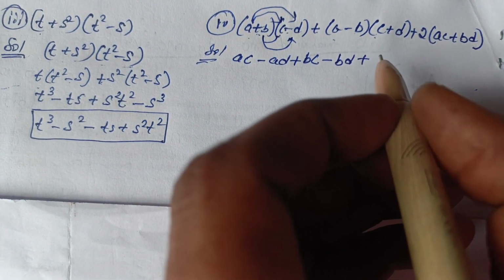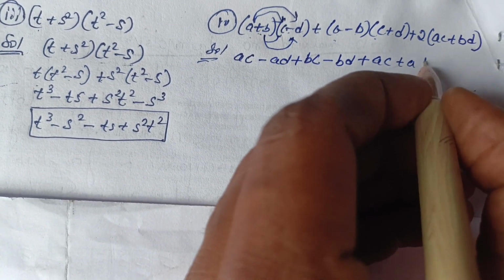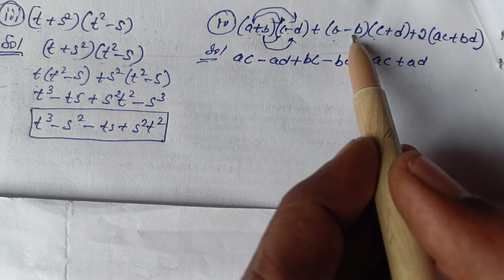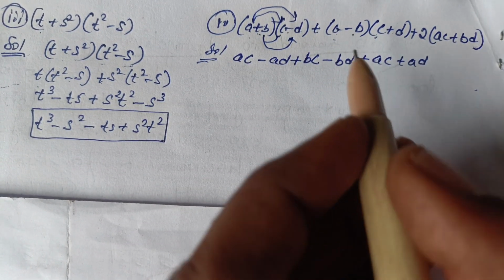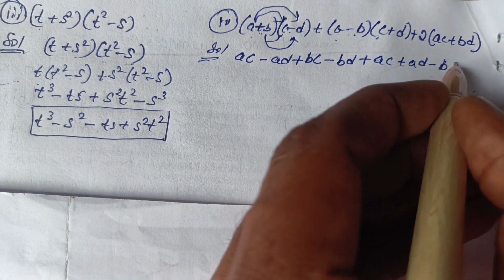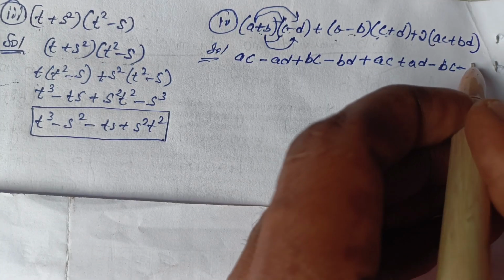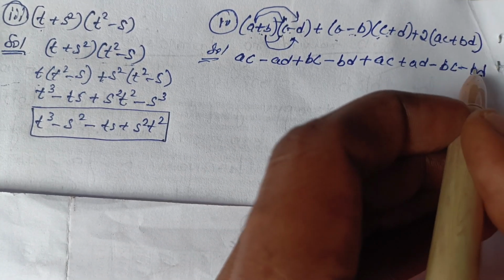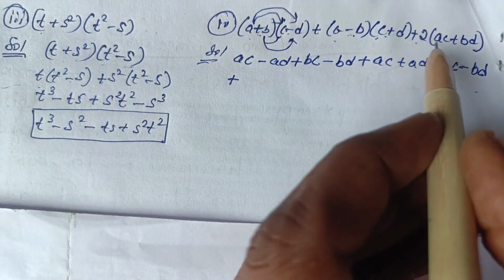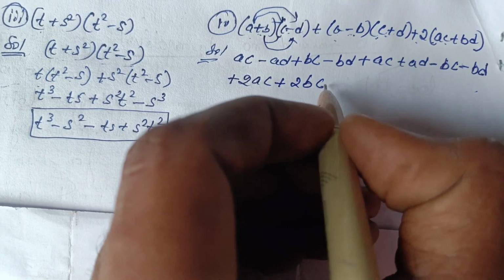Now a into c is ac, a into d is ad, minus, here it is minus, so minus into minus, b into c is minus bc, minus into plus is minus bd. This term is remaining. Here we will write plus 2 ac plus 2 bd.